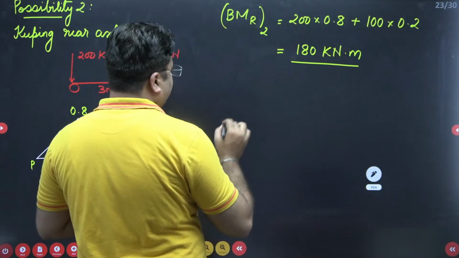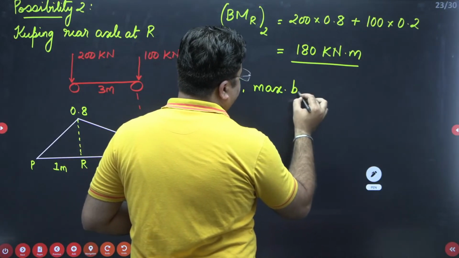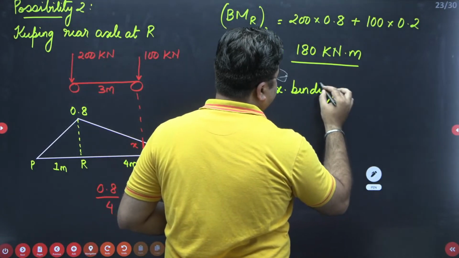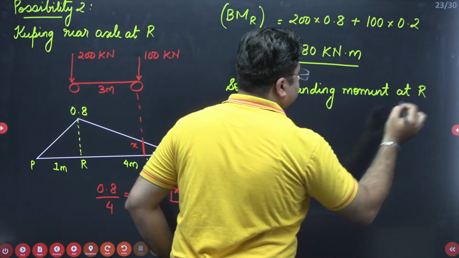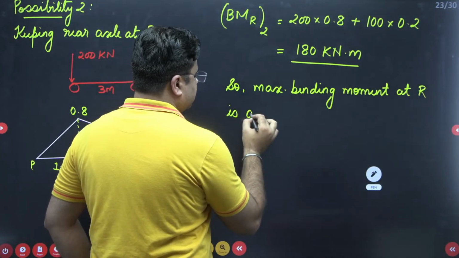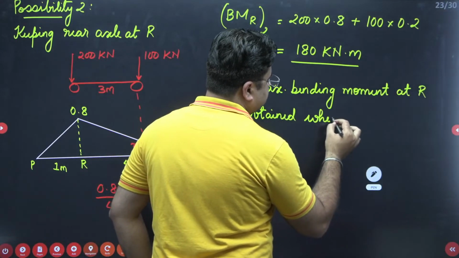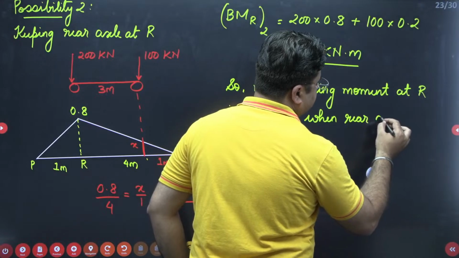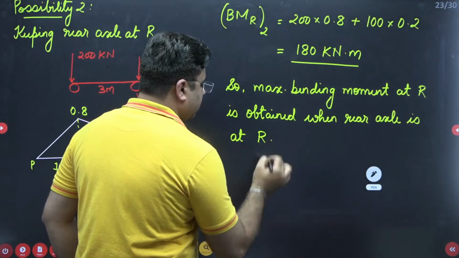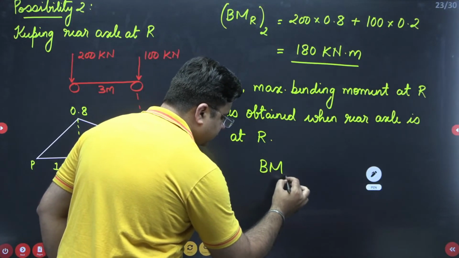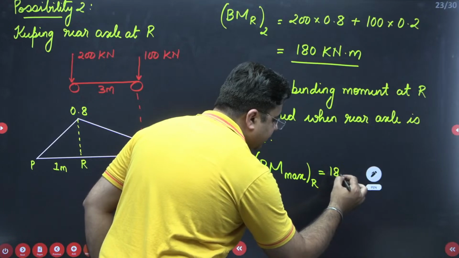So maximum bending moment at R is obtained when rear axle is at R and BM max at R is equal to 180 kilonewton meter.